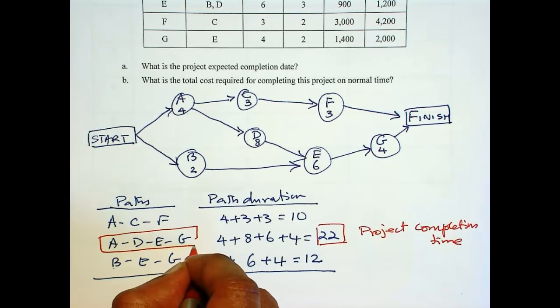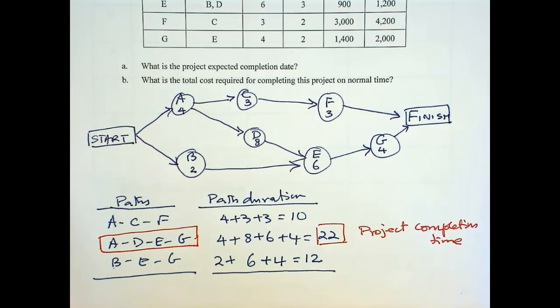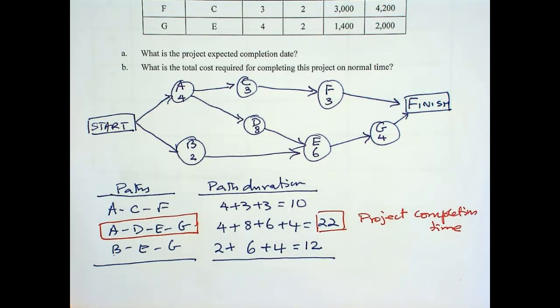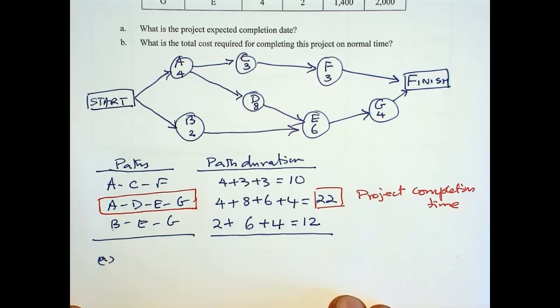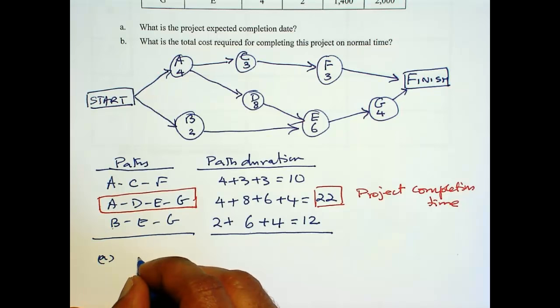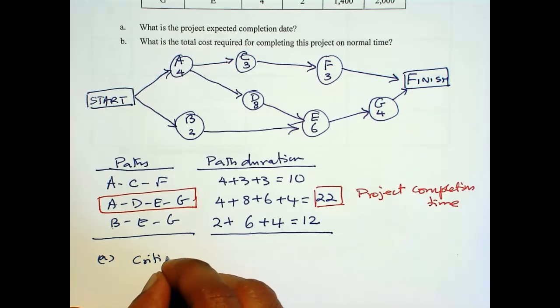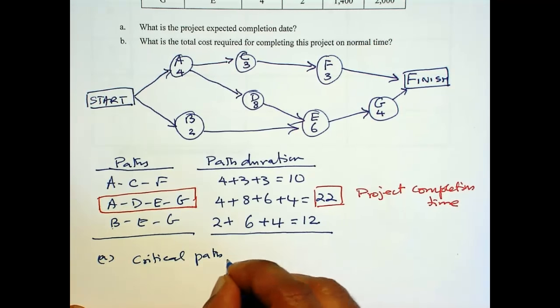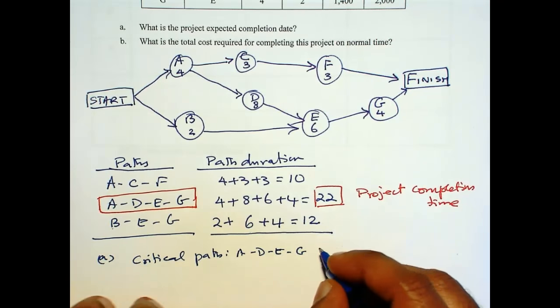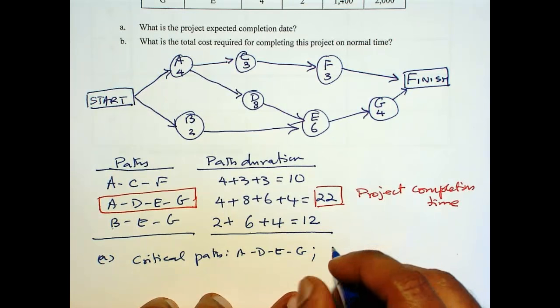So first question, what is the project completion time under normal time? Critical path ADEG, project completion time is 22 weeks.